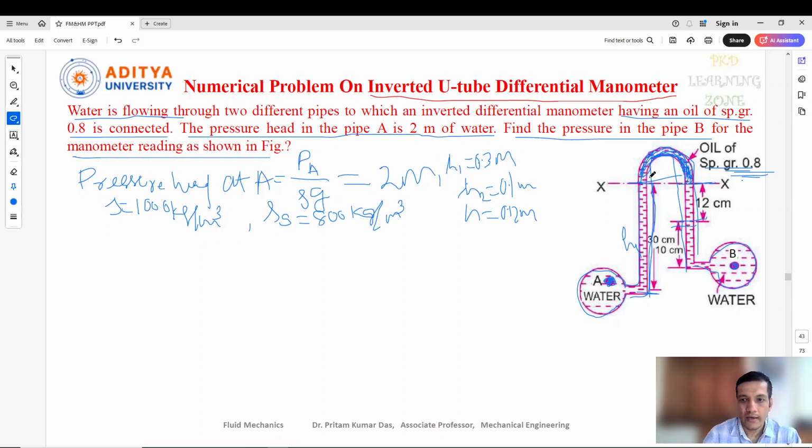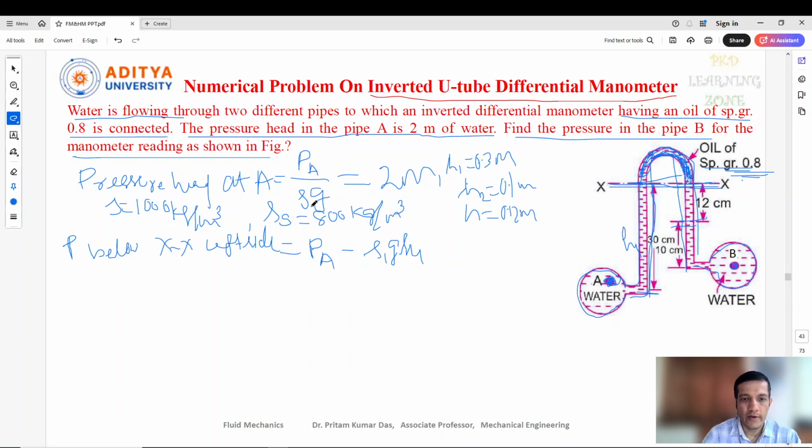Since a datum line XX is given, we can identify the pressure below the XX datum line on the left side. This pressure will be PA minus rho 1 g h1.